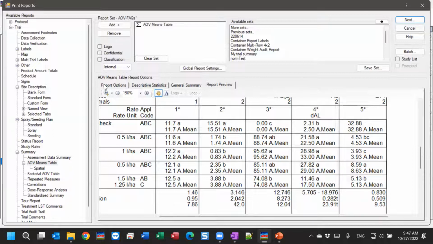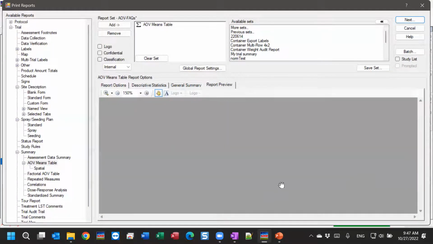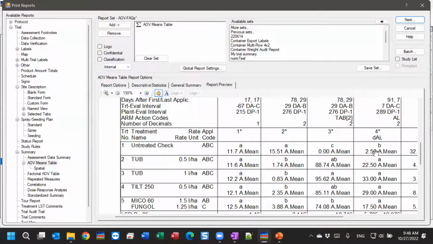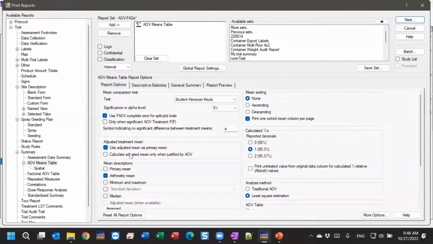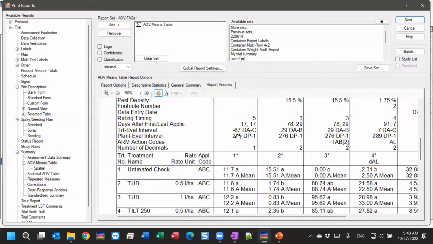You could display both of them, or you could turn off the primary mean in that scenario. We keep it separate so you can't be confused if you were to use an LSD value, to know that you can't quite compare those with the LSD because they're not the same. That's one option, depending mostly on the audience of your report, which would be the number one consideration of how you want to display that.